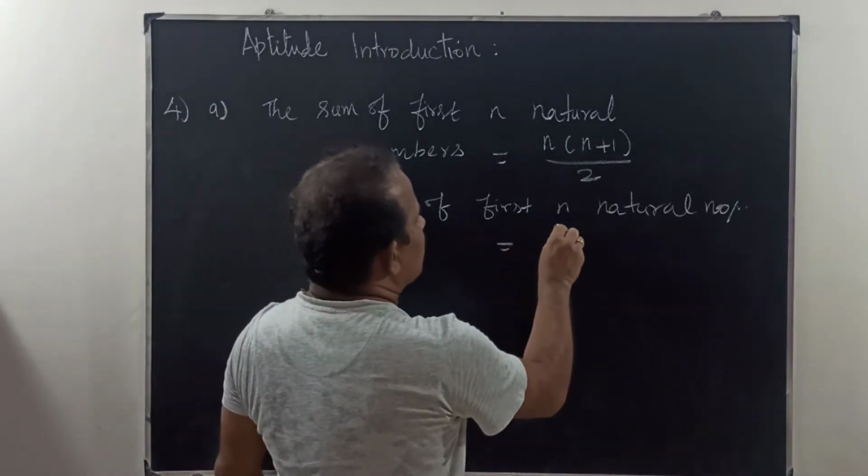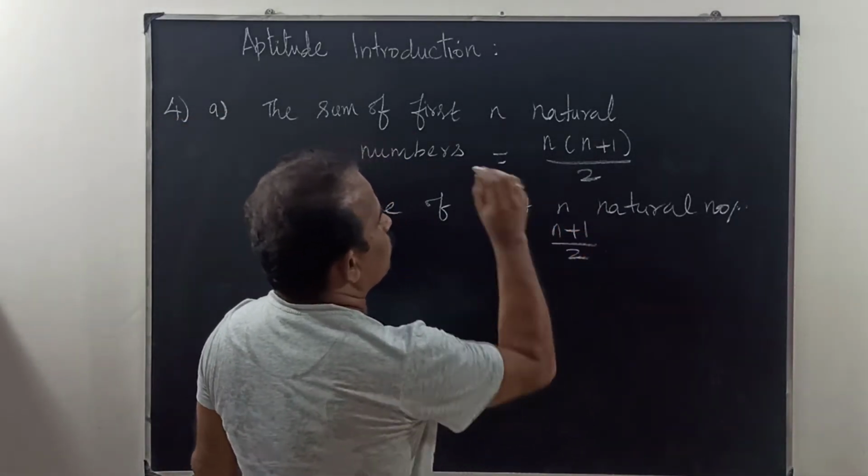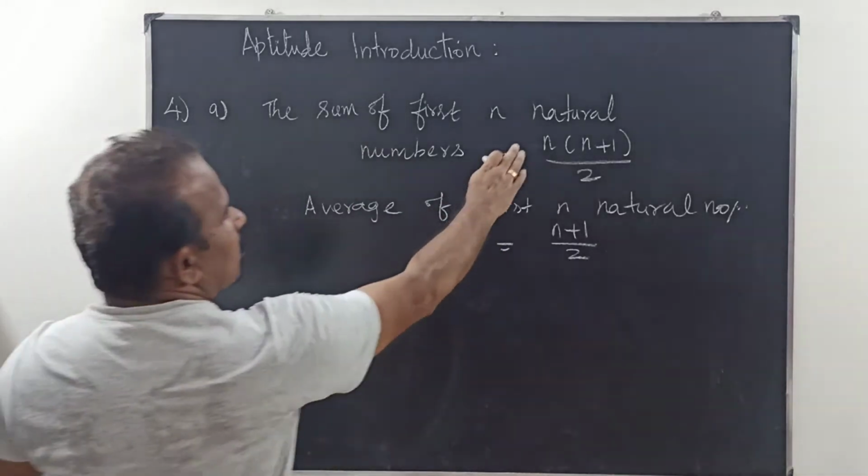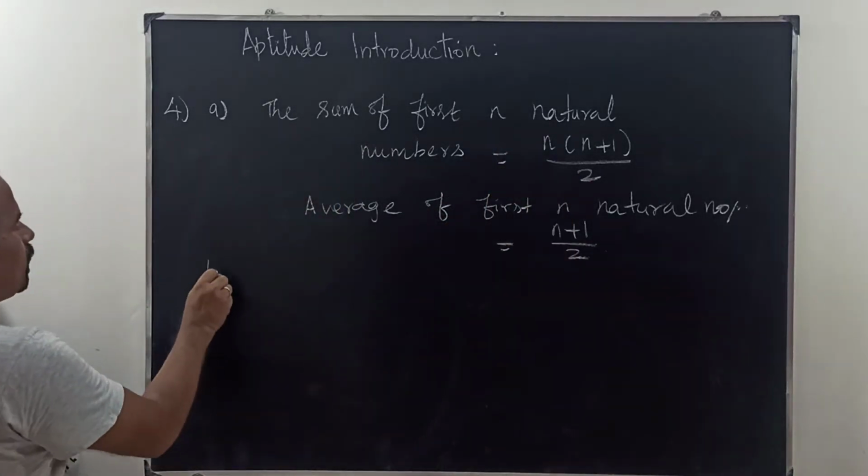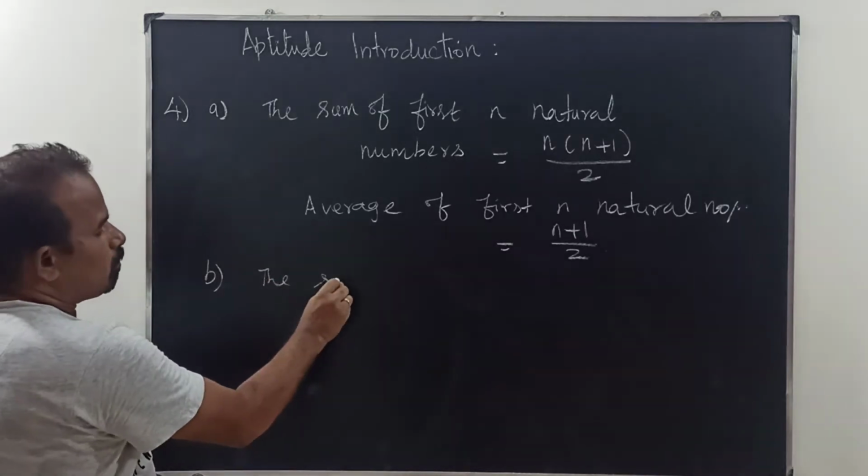Therefore we will be getting (n plus 1) divided by 2, as the n will be cancelled.